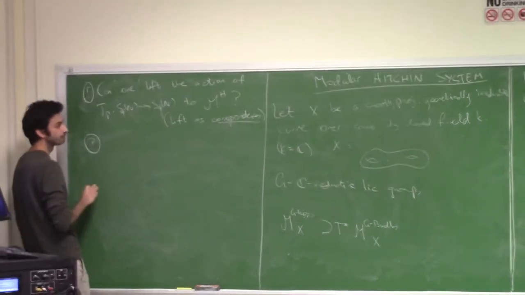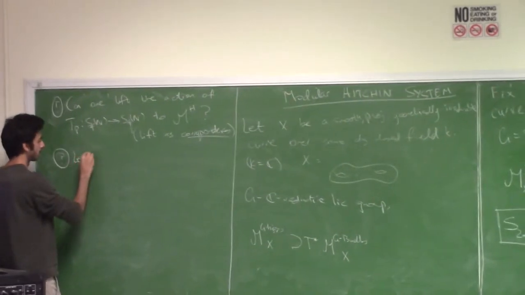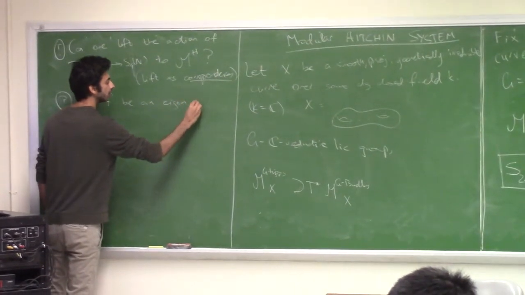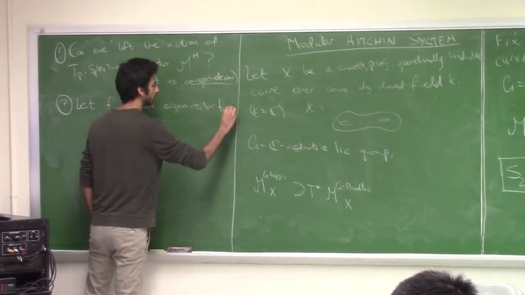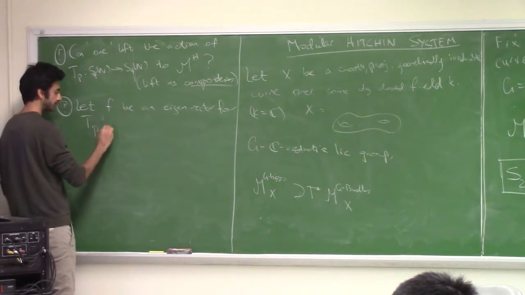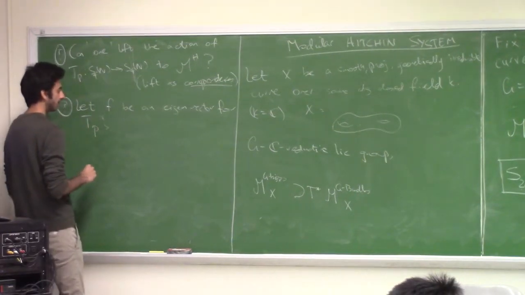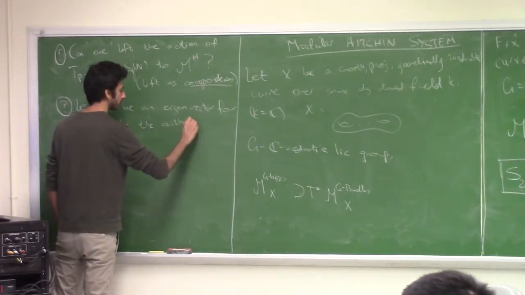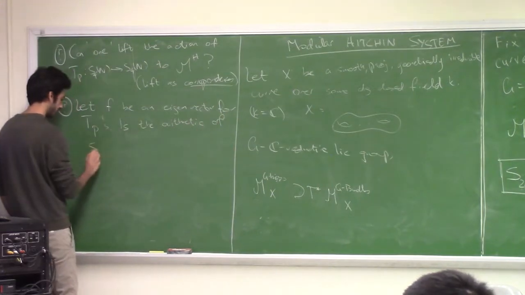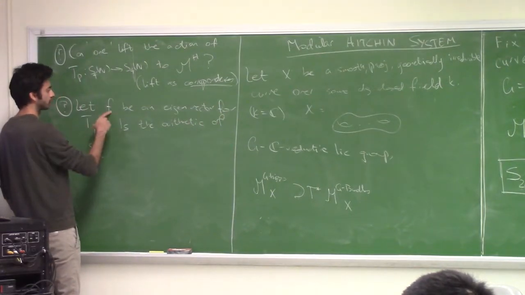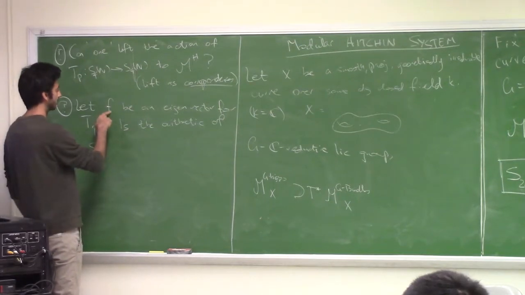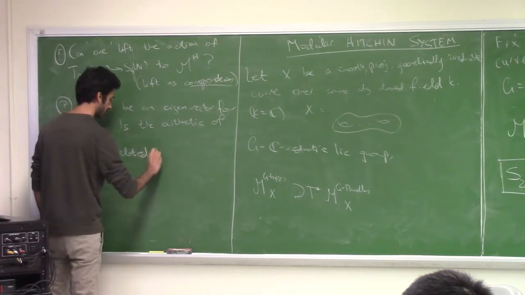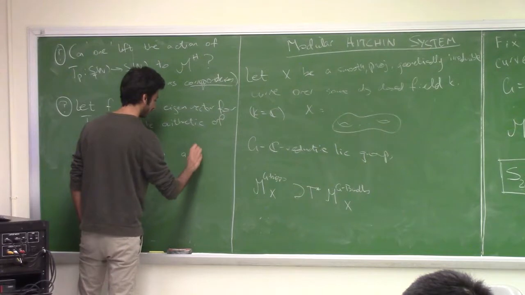Number 2. Let F be an eigenvector for the Tp's. Is the arithmetic of S_F related to these coefficients a_n of F? S_F is the spectral curve corresponding to this element in the base of the Hitchin system.